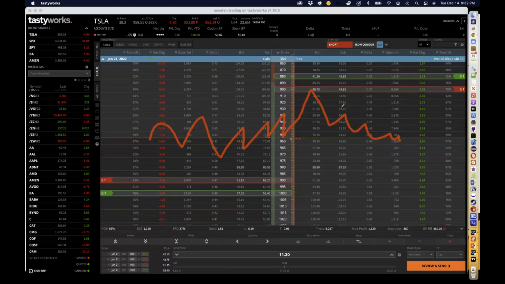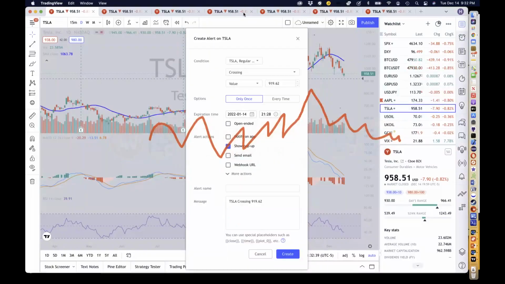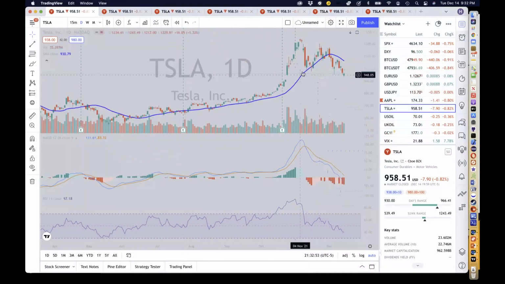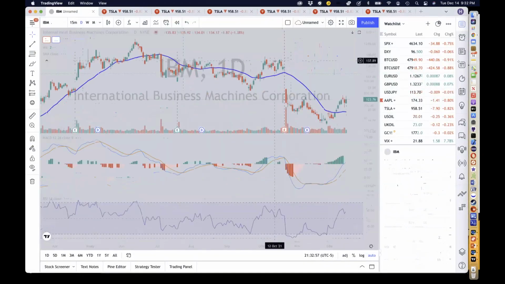So from now on, if you know of a stock out there that moves slowly in between a range over time, let's say I go here, look at my chart. This Tesla is very bad. You can go for something like, let's say, IBM, and you'll find it.